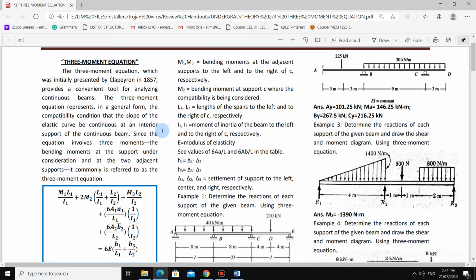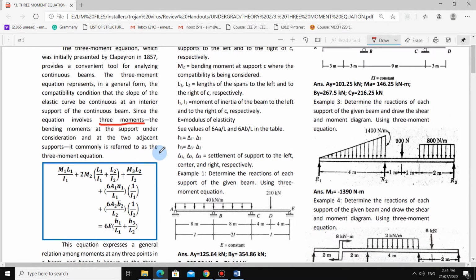Since the equation involves three moments, those are the keywords. The moment, or the bending moment, at the support under consideration and at the two adjacent supports. So it is commonly referred to as the three-moment equation.